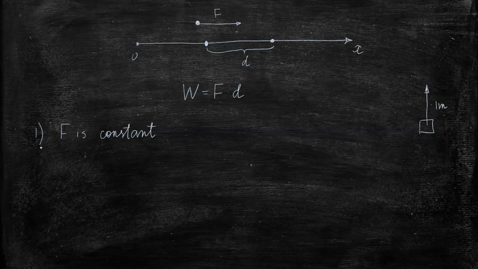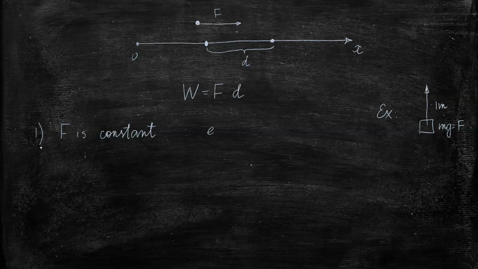The force required to lift an object of mass m, if we're talking about kilograms, will be mg, and this mg isn't going to change as you lift the object. So in this case, we will just compute the work by taking the constant force and multiplying it by the displacement d.